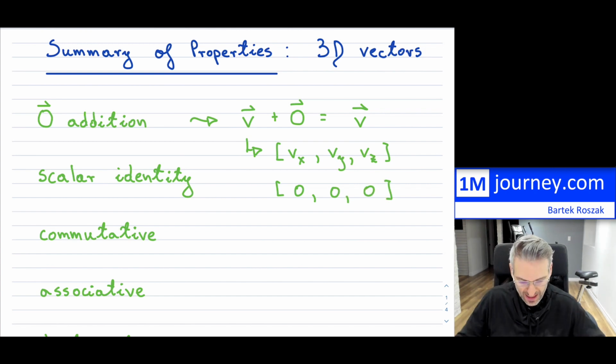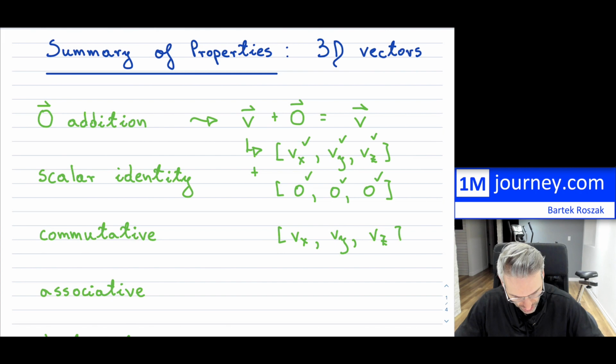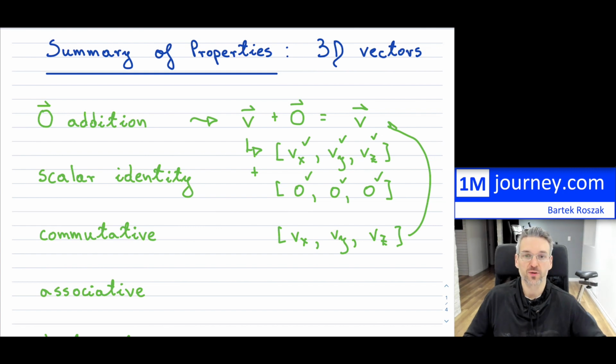If you add these two together, then of course Vx plus 0 is just Vx. You're going to get Vy plus 0 is just Vy. And the z component will be Vz plus 0, and you're going to get a result of Vz, which of course is exactly what we have over there.